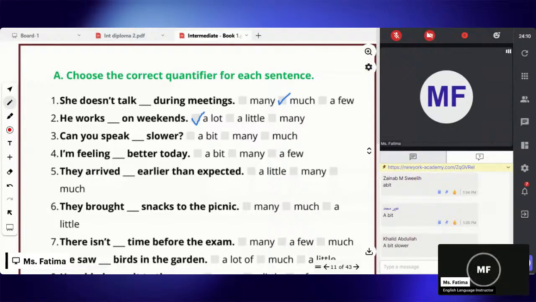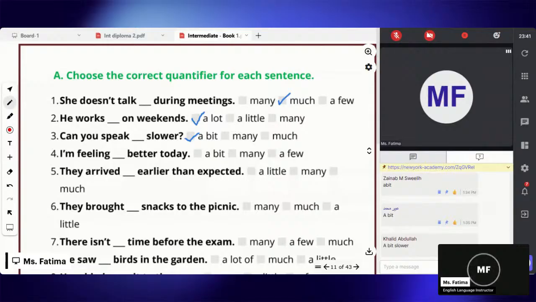Also, can you speak a bit slower, can you speak much slower, also possible, but remember what makes more sense, the more logical one. The more commonly used is a bit. Usually a person who is slow does not speak much faster. So we say, can you speak a bit slower?